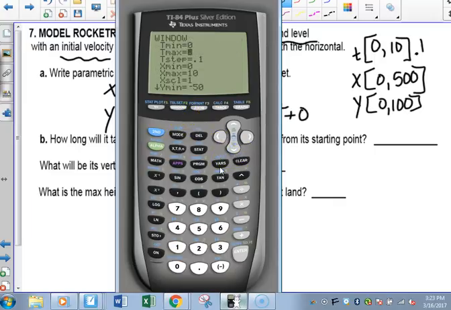Okay. I'm not sure we needed 10 seconds either, but that doesn't really hurt anything. I don't think it's going 500 feet away, but I'm going with you. Okay. Woo! Okay. So the height was pretty good. The 100 height was pretty good. But I'm thinking I'll change this x to 100.